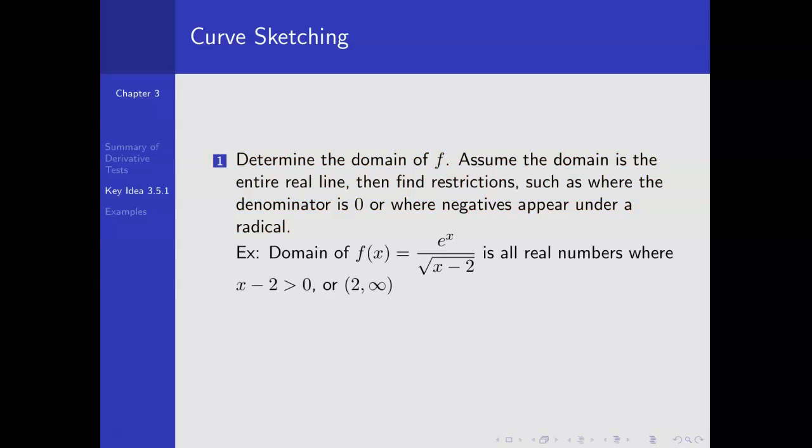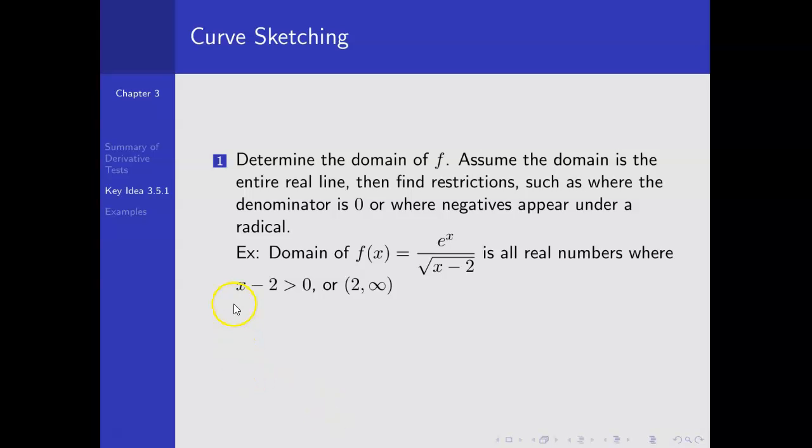So for example, if we had the function f of x equals e to the x over square root of x minus 2, we go ahead and assume that the domain is all real numbers, and then we look for problems. Well, clearly we're going to have a problem with a 0 in the denominator because we have a denominator to look at. So we cannot have x equal 2, but we also don't want anything negative underneath the square root.